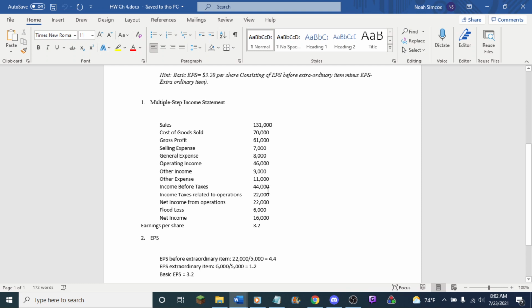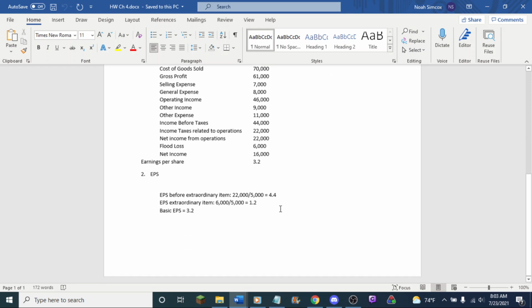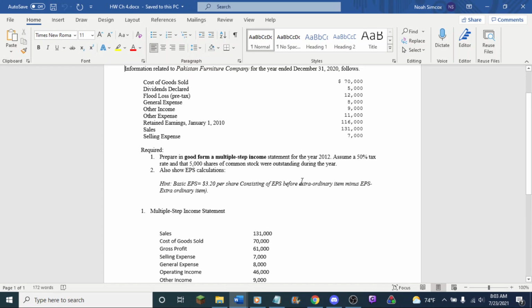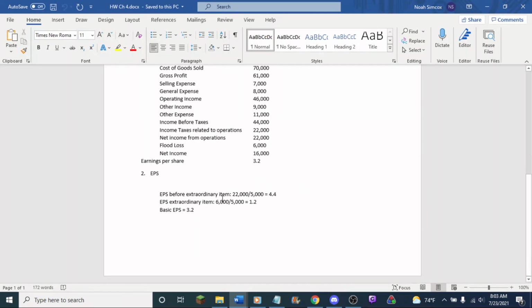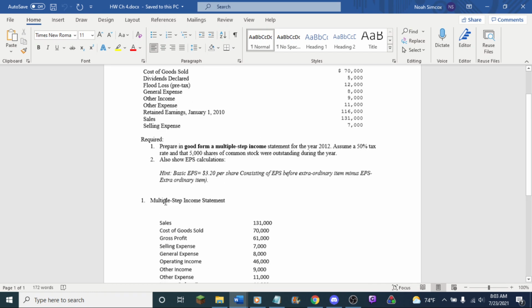Then you subtract taxes and you get net income from operations, and then you subtract the flood loss and you get net income. Okay. And then the earnings per share is you do net income divided by the number of shares, and then same thing with extraordinary, you do the negative number, divide by that, and then okay, done.